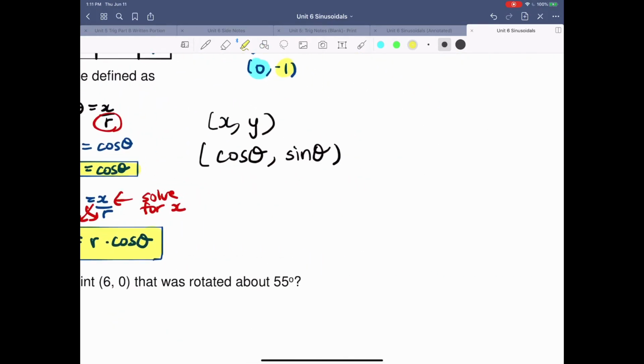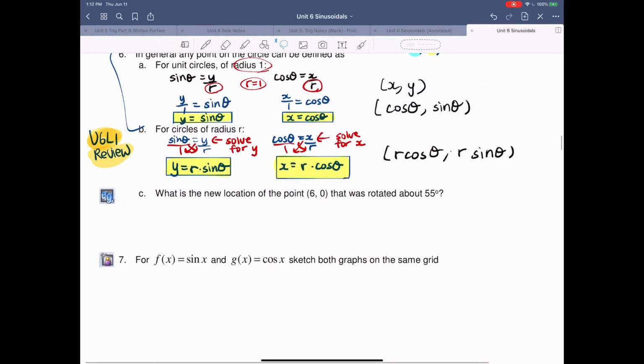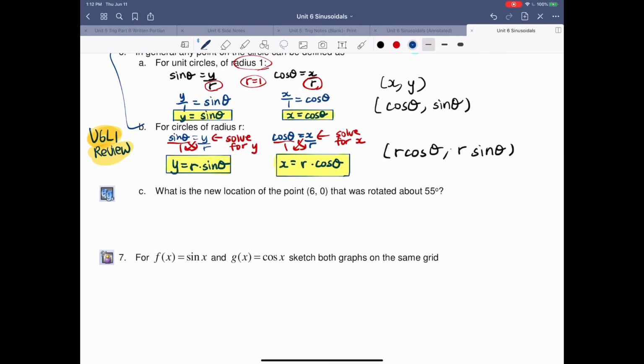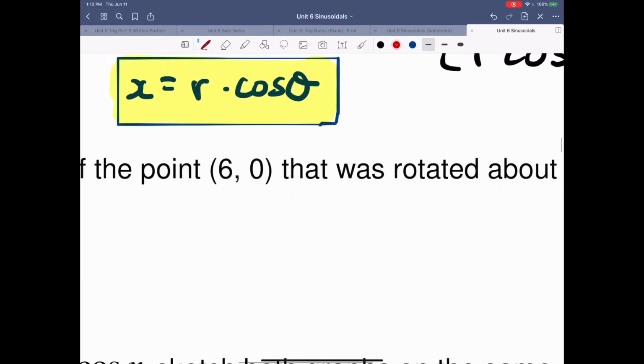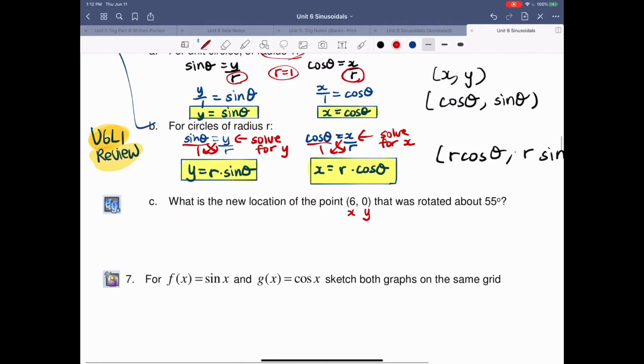So your coordinate, instead of having x, y, you're going to have r cos theta, comma, r sine theta instead. Question C: what is the new location of the point (6, 0) that was rotated about 55 degrees? Well, this is my x, this is my y.